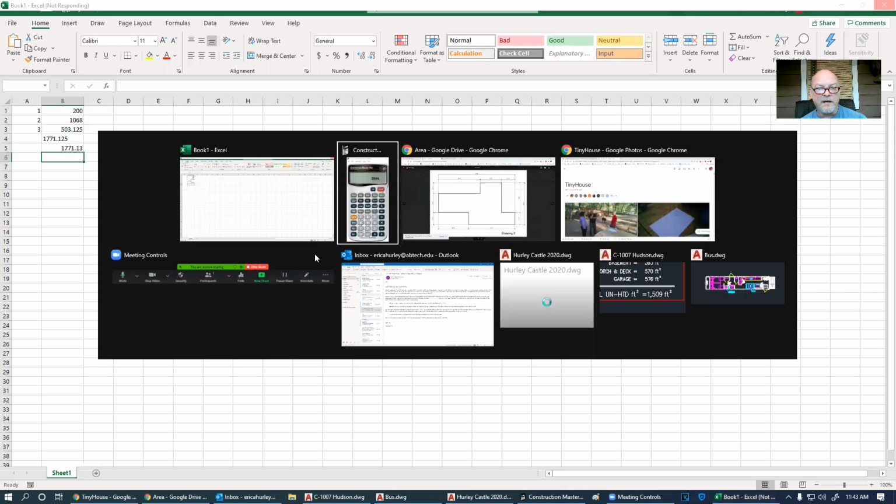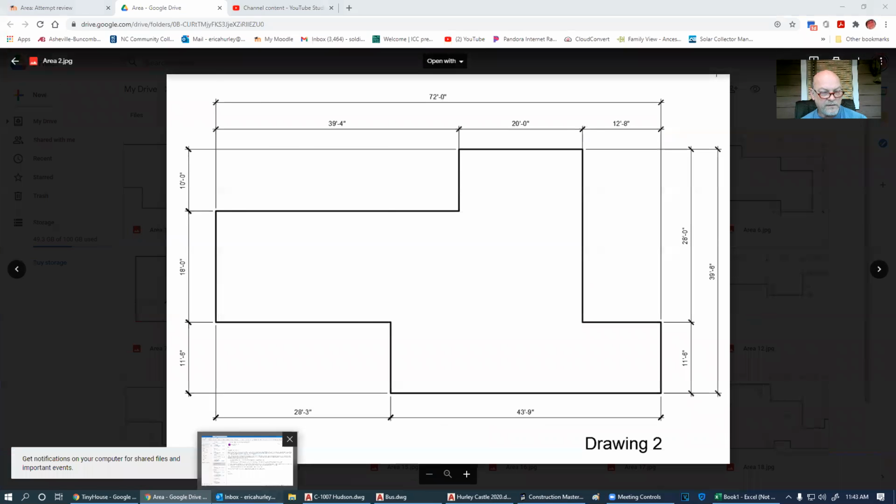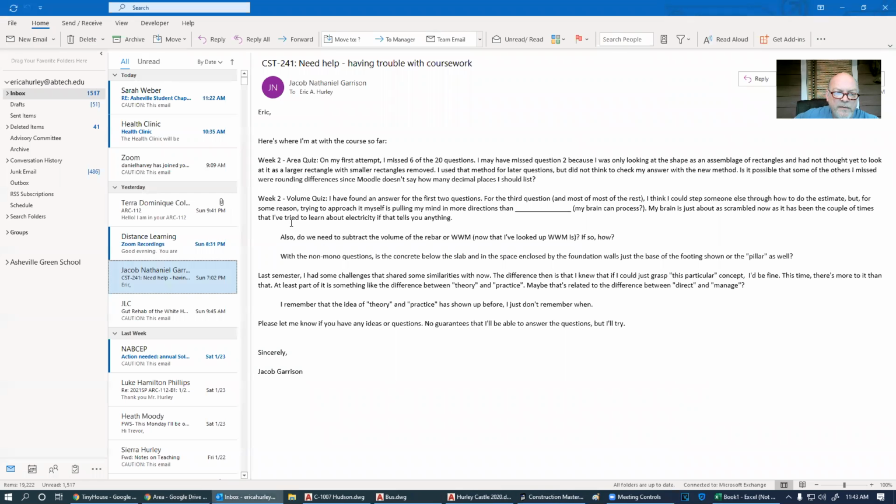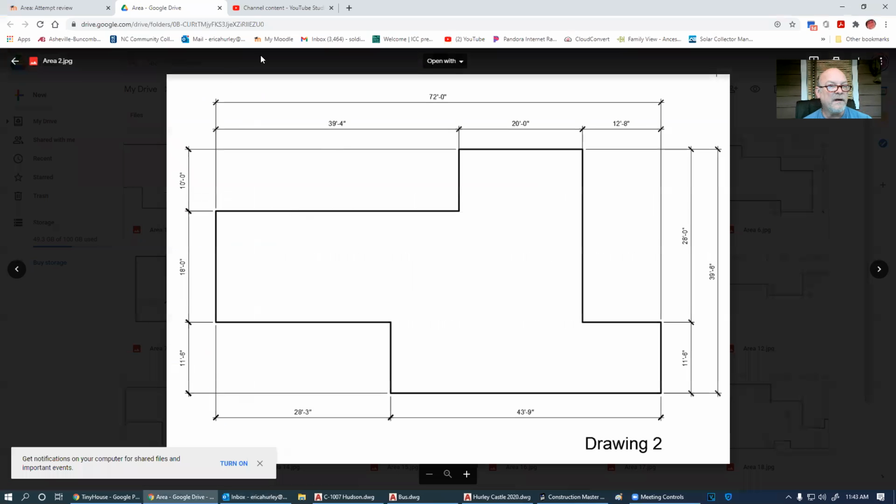Then let's take a look at the next question. The volume: I found an answer for the first question. For the third and most of the rest, I think I could step anyone else through how to estimate, but for some reason trying to approach it myself is blowing my mind. So let's take a look at that.